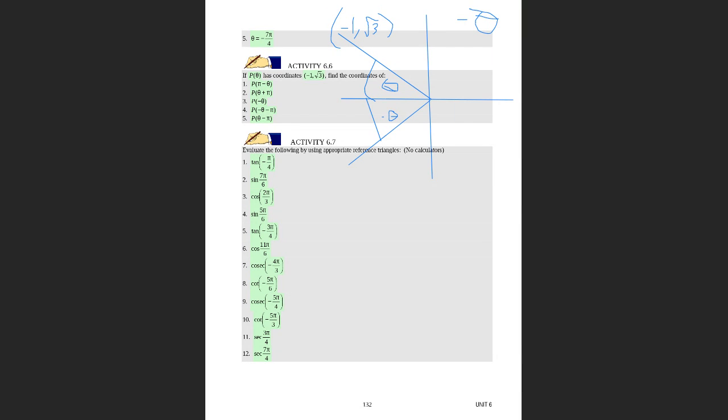And this minus theta means that now the point for number 3 will become minus 1 comma minus square root of 3.